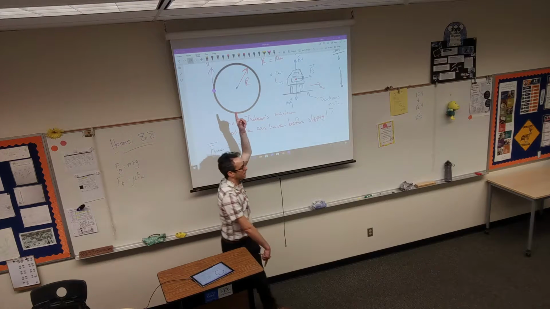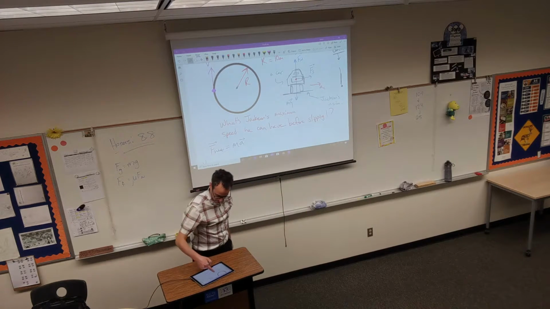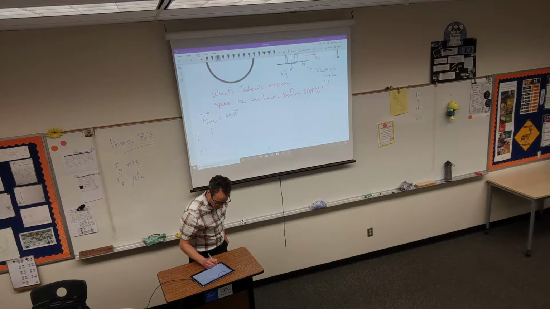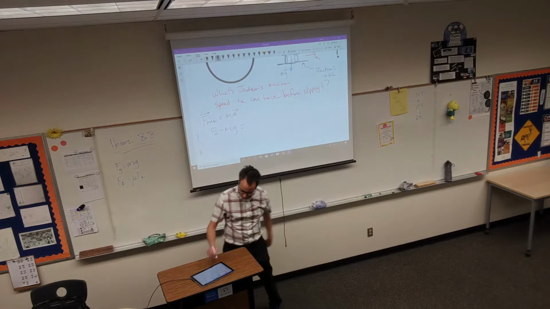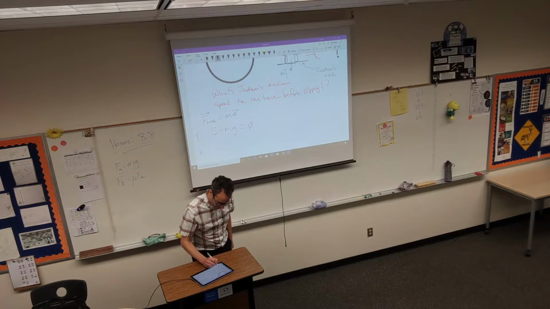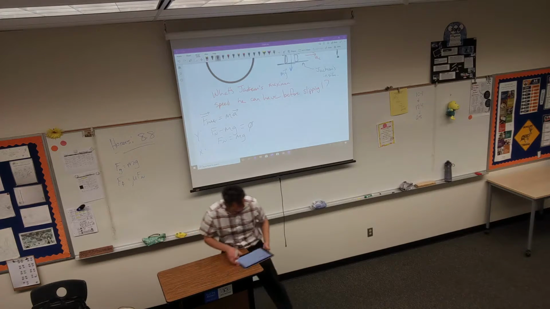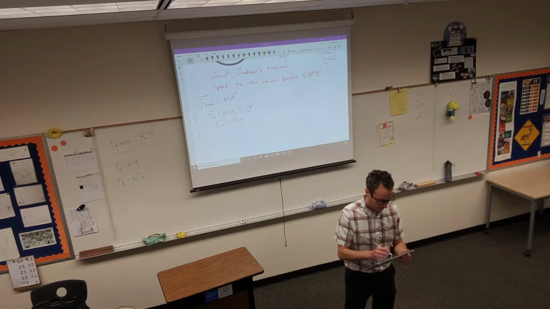Fn minus Fg. So the normal force minus mg equals, what's the acceleration in the vertical direction? 0. So that basically gives me the relationship that the normal force is equal to mg.